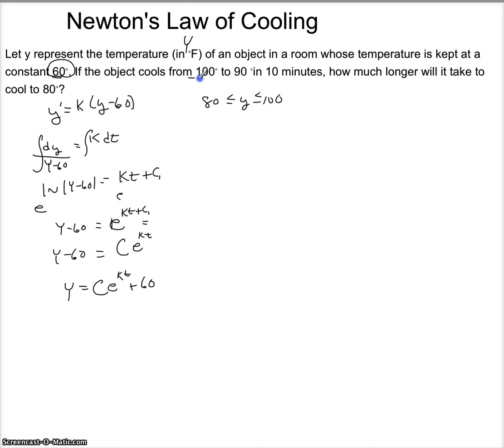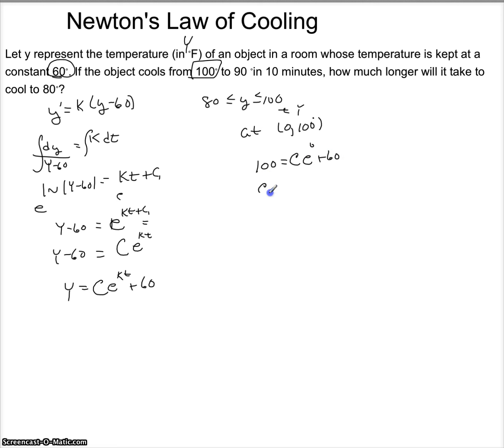At t equals 0, I'm at 100 degrees. So at (0, 100), this is t and this is y, I have 100 is equal to c e to the 0 plus 60.